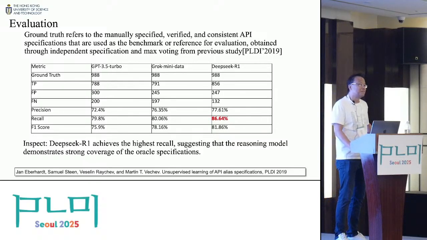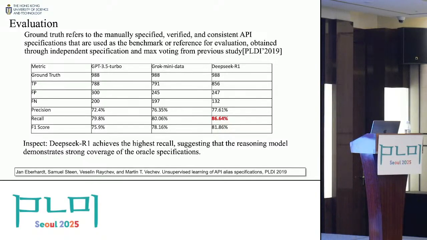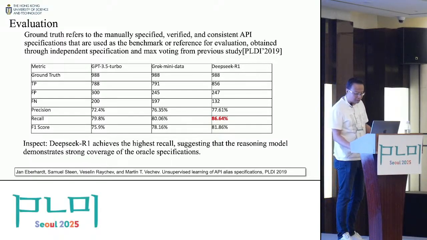About knowing something, maybe a reasoning model does not really do anything dramatically better than the non-reasoning models. So this is an interesting experiment we did.